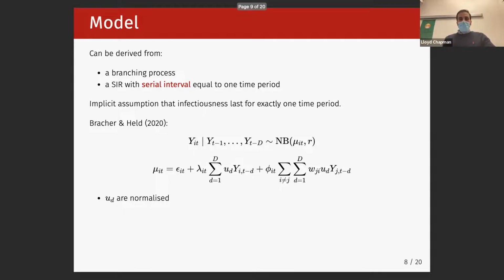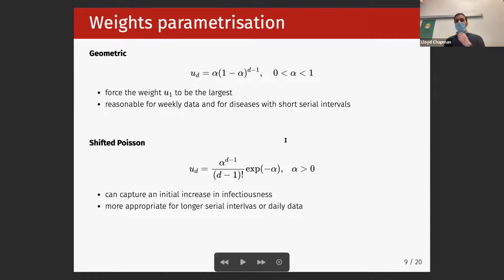We tried a couple of parameterizations for the weights, both geometric and shifted Poisson. The main difference between these weights is that the geometric weights are formulated in such a way that the first weight has to be the largest, so they cannot increase and then decrease. They will either be steady, or they will simply decrease with increasing number of lags.